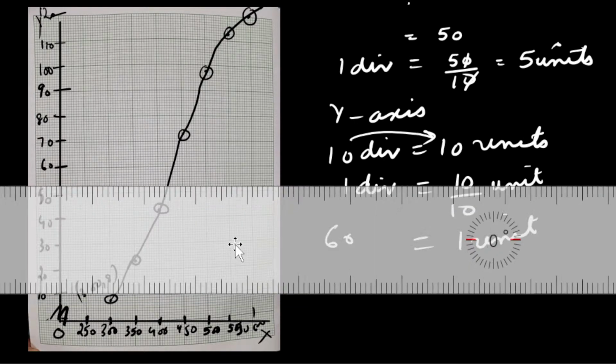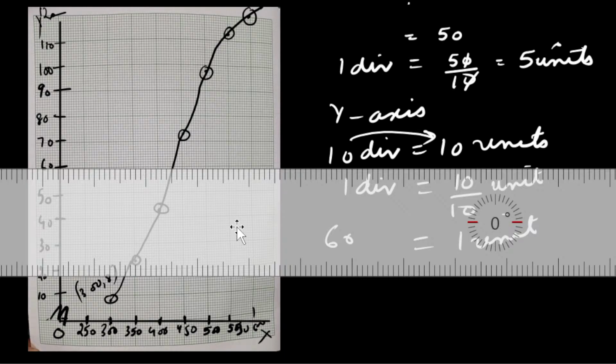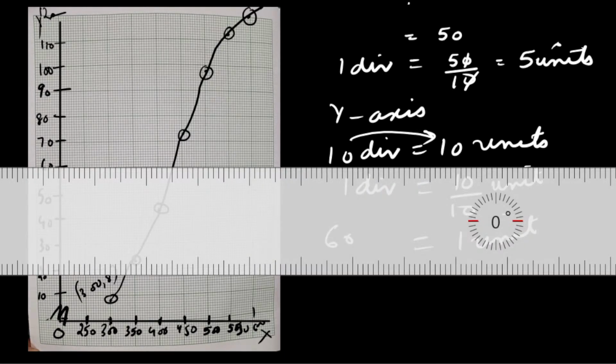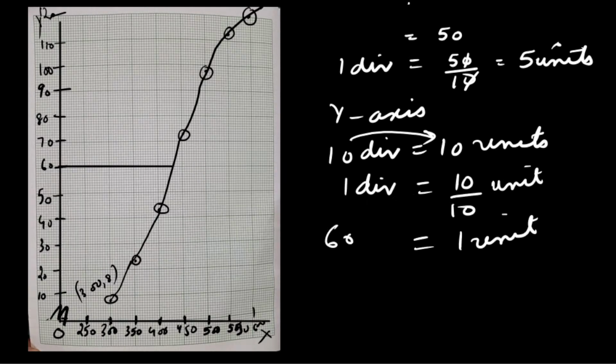Now this 60 I have to locate on y-axis, and I have to draw one line like this corresponding to 60. This line you have to draw with the help of scale.